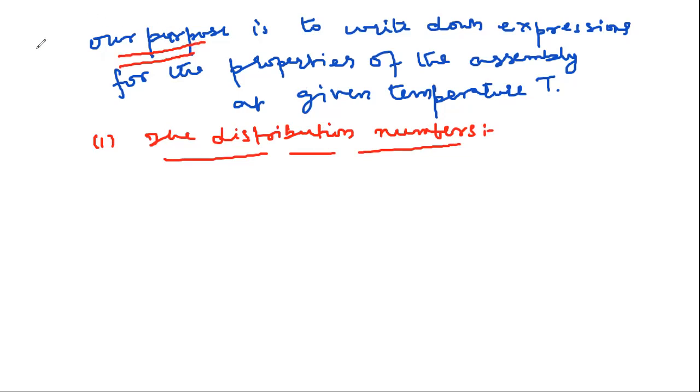So for this system, the partition function Z has only two terms because there are only two single particle states available in the system. So the partition function Z for the system in question has only two terms.